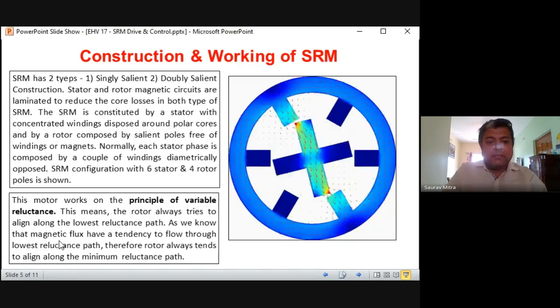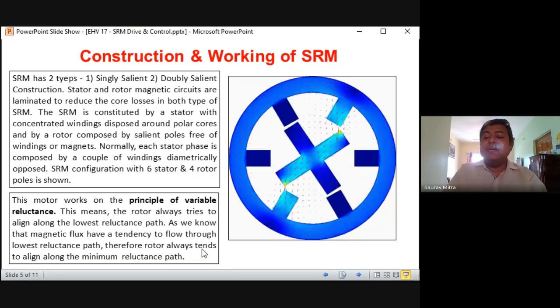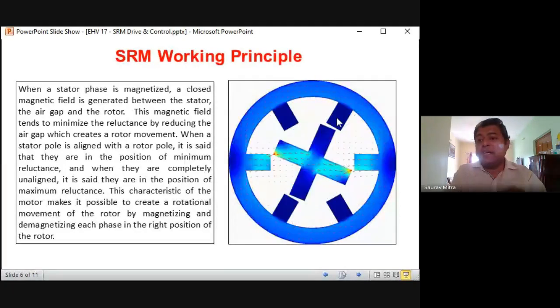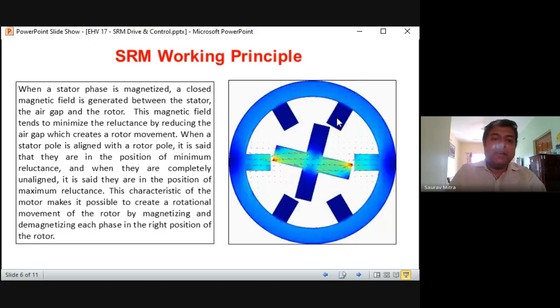As we know, the magnetic flux has a tendency to flow through the lowest reluctance path, therefore the rotor always tends to align itself along the minimum reluctance path. So when a stator phase is magnetized, so this is a stator. The stator has winding, and we can make current flow in the forward and reverse direction, and the stator pole will become north sometimes and south sometimes.